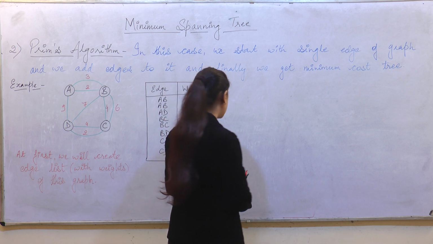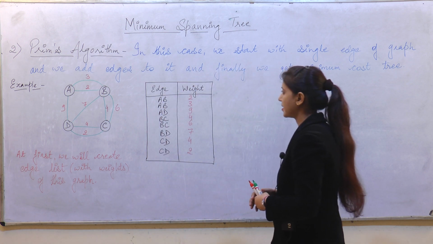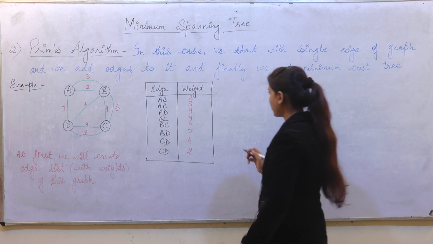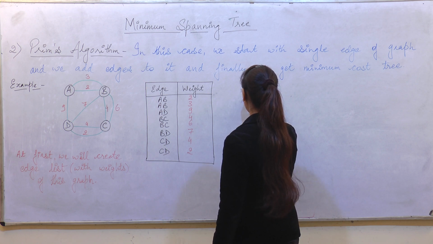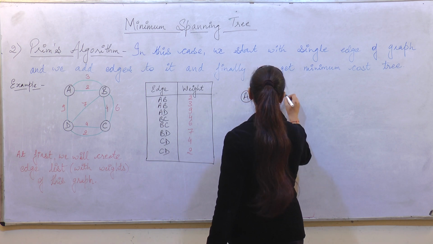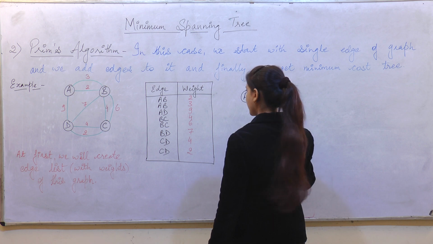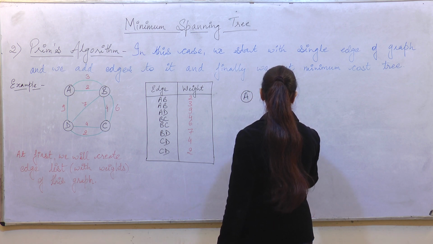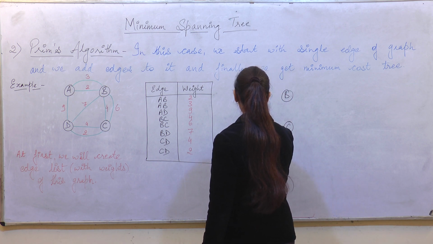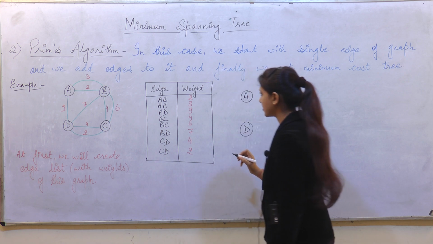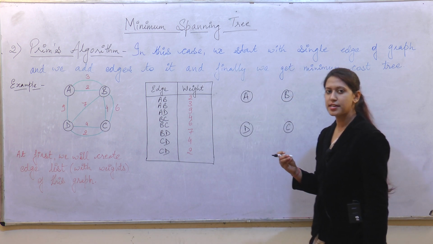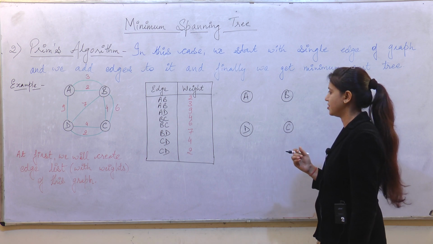Now the second step comes. In the second step we will make a skeleton of our original spanning tree. As I told you in our previous lecture, a skeleton is the graph which contains only nodes, not the edges.